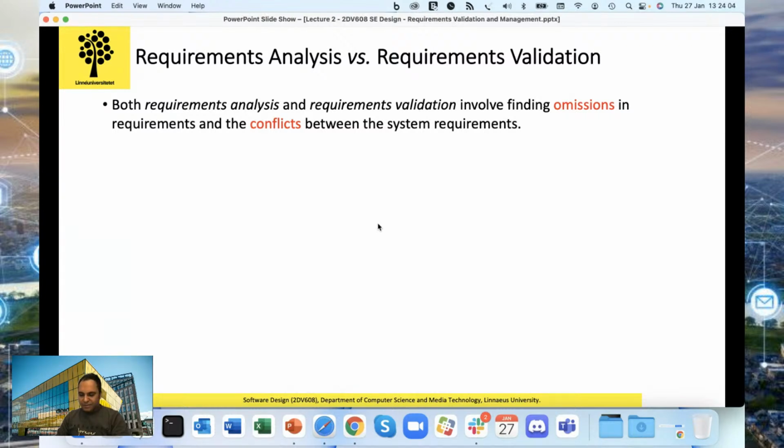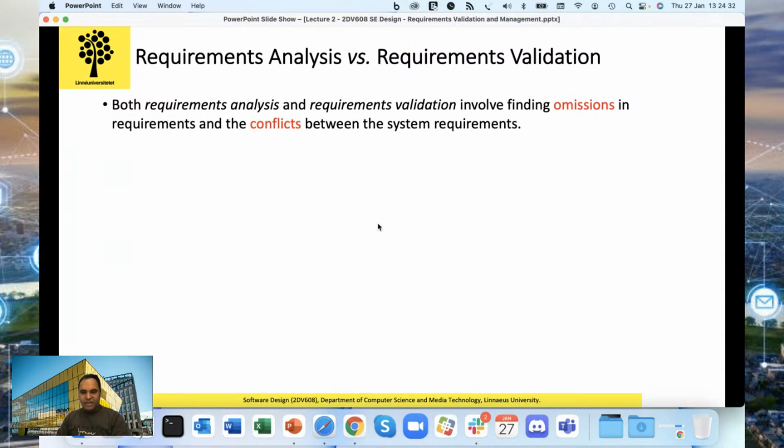So the main difference between requirements analysis and validation is that the requirements analysis phase concerns requirements that are raw text or high-level requirements in natural language from various stakeholders, and then it tries to minimize conflicts or issues within the requirements.